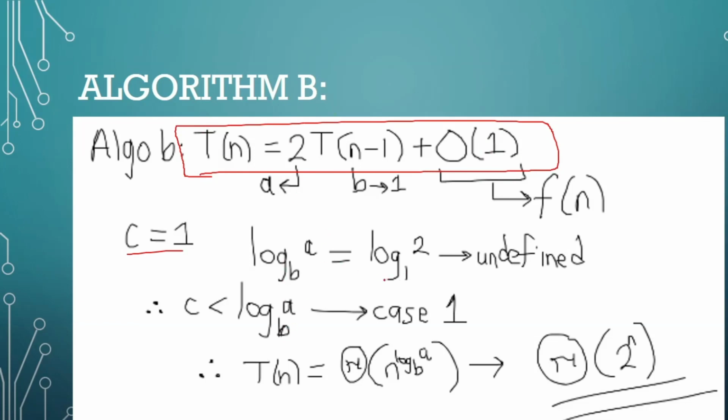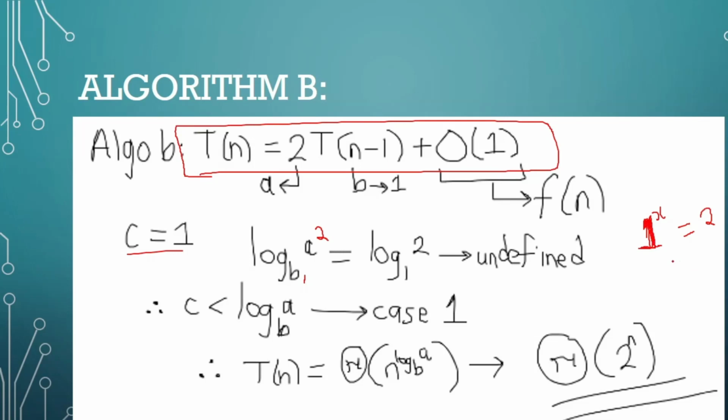Log to base b of a, in this case b is 1, a is 2, therefore what do we get? 1 to the power of x will give us 2. 1 to the power of what will give us 2? Really, 1 to the power of nothing. We really can't get from 1 all the way up to 2, right?